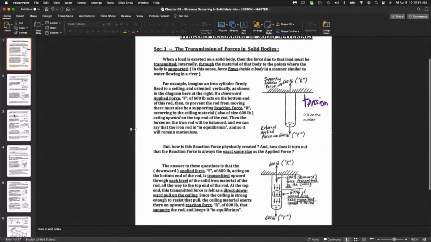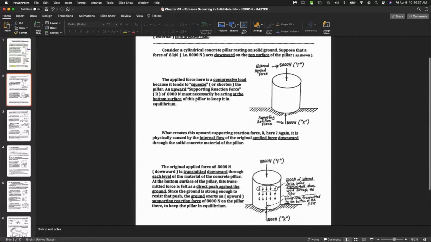And conversely, compression is a push on the outside, resulting in contraction. So we need to differentiate the two because it's interesting that the direction of the response on the inside for many people is counterintuitive. And we will discuss how that pushing and pulling on the exterior behaves.